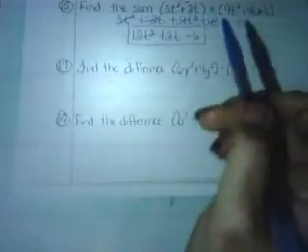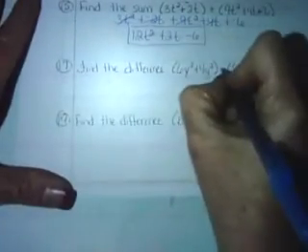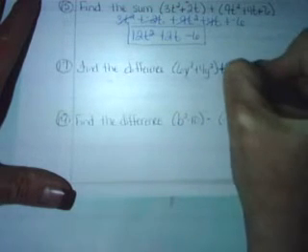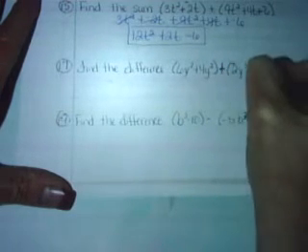Number 17, just find the difference. The difference, I know I'm subtracting. So I'm going to change this subtraction to addition, which means I have to change the sign of everything behind it within the group.